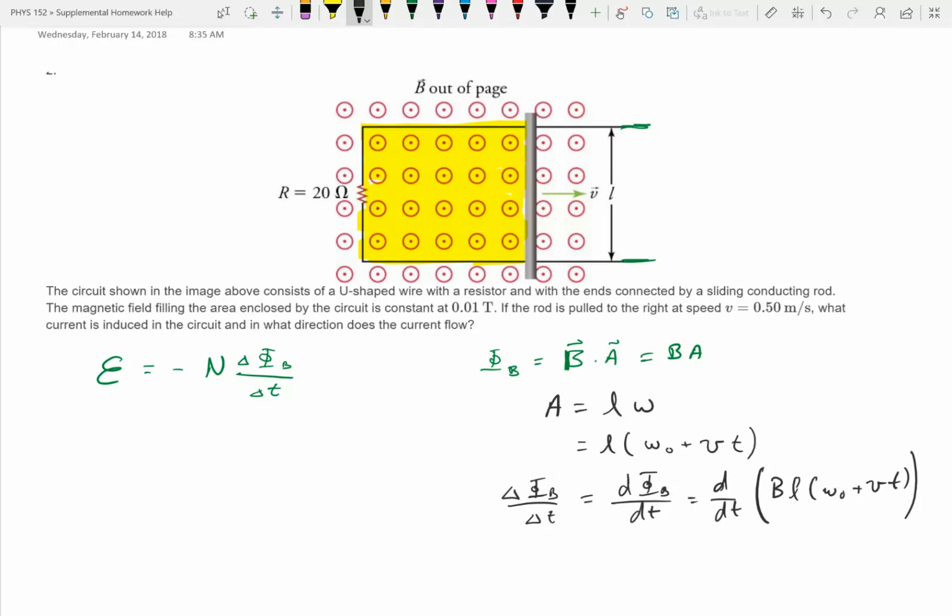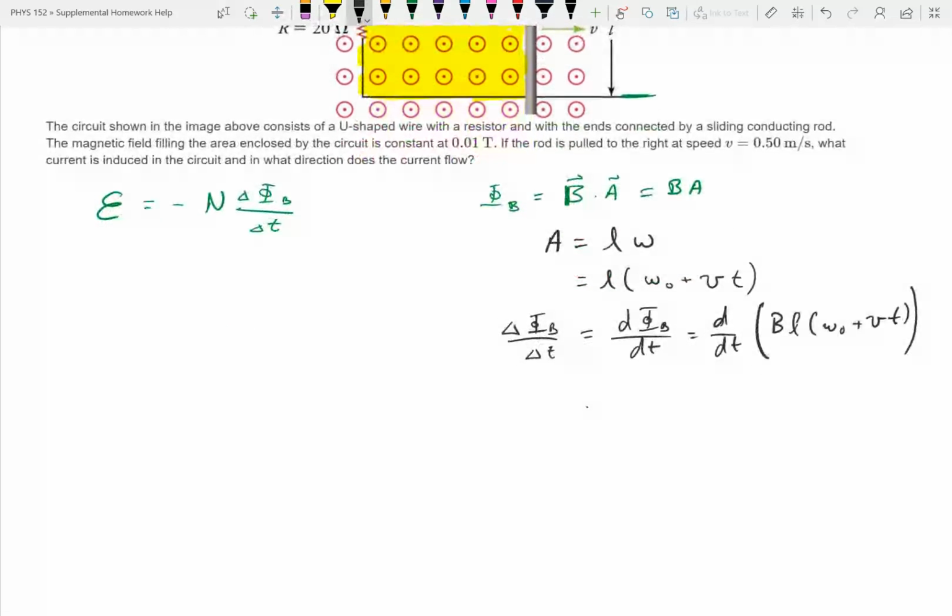B, L, W0 and V are all constants. So what's the derivative of that? Not 0. Time is not a constant. So B, L and V are all constants, right?